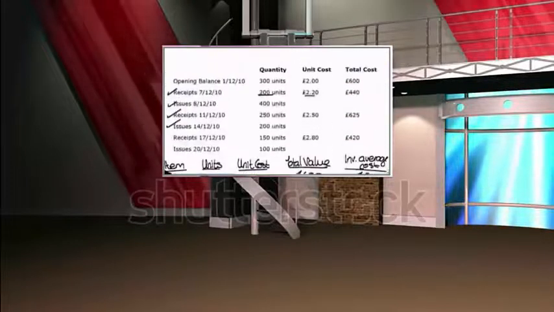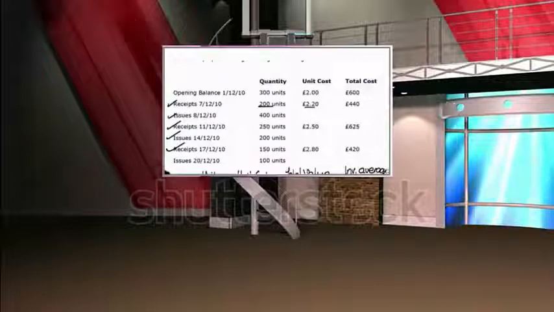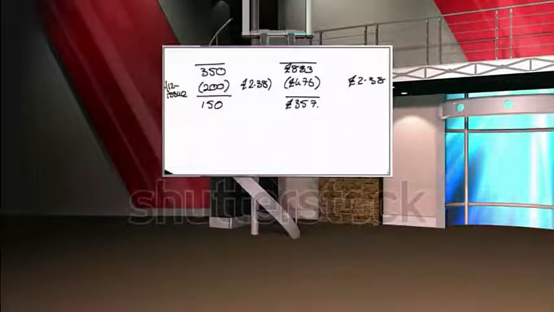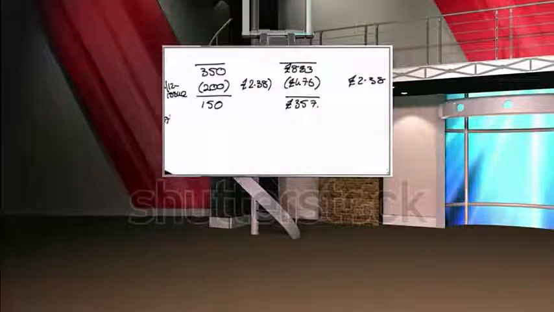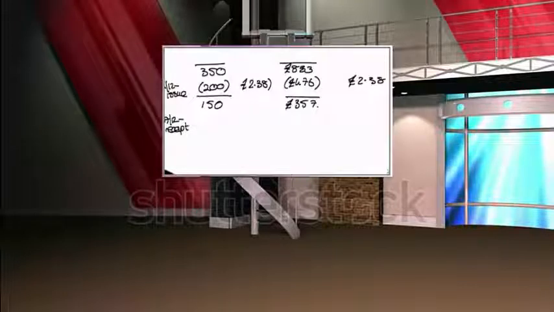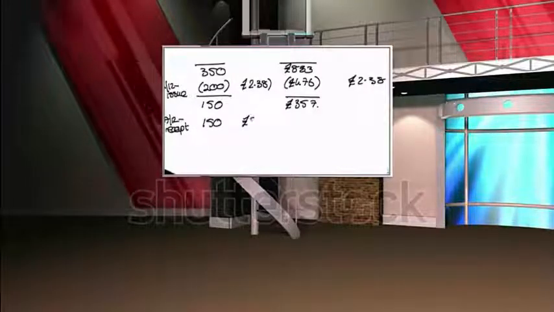Next we have another receipt. So a receipt on the 17th of December for 150 units costing £2.80 each. We know whenever we have a receipt, we are going to have to calculate a new average.